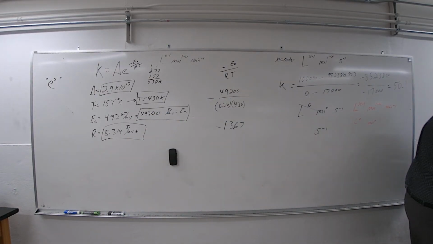This calculator has the e to the x. Clear. Just one second. E to the x. And then negative 13.67. Close the parentheses. E to the x. Negative 13.67. Close the parentheses.